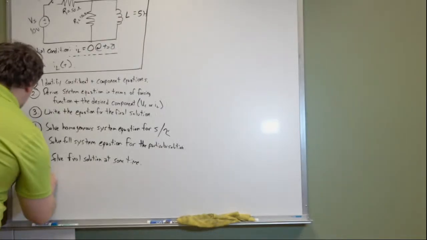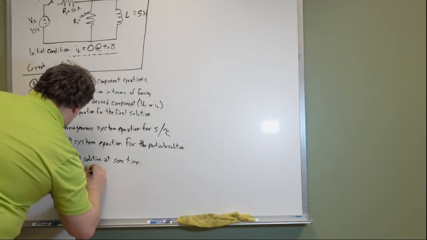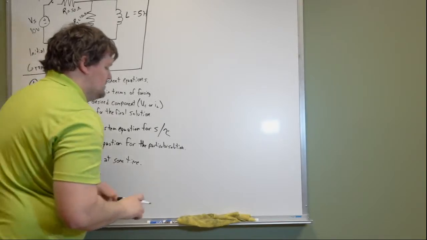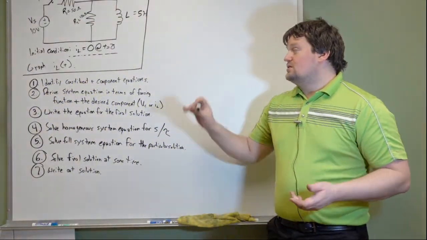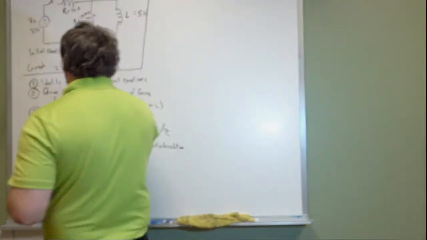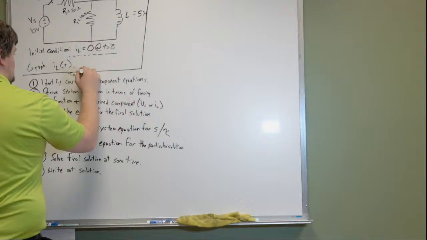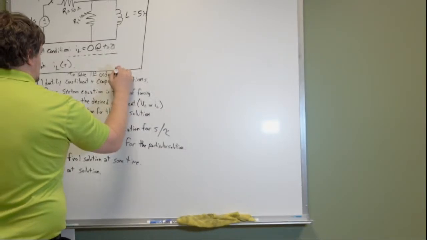Okay? And then your last step is just to write it out. Okay? So those are the 7 steps to solving a first order system.